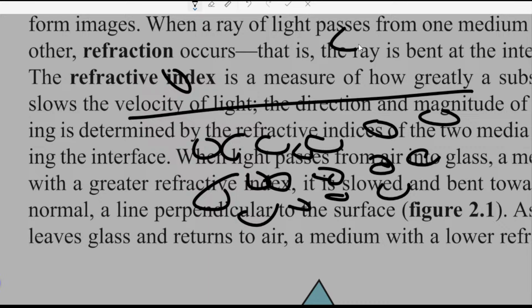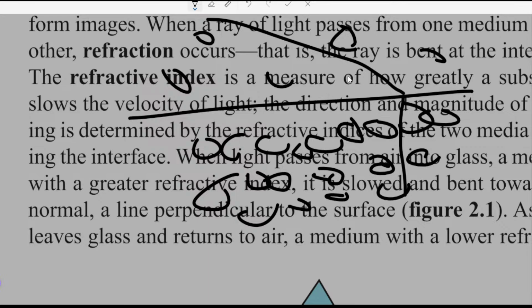But if you talk about air, the particles are spread like this. They are saying the refraction is greater in the solid. If you compare it with a liquid, the particles are less packed than in a solid. So the refractive index of glass, aka the solid, is higher than that of air. So it is determined by the media, right?